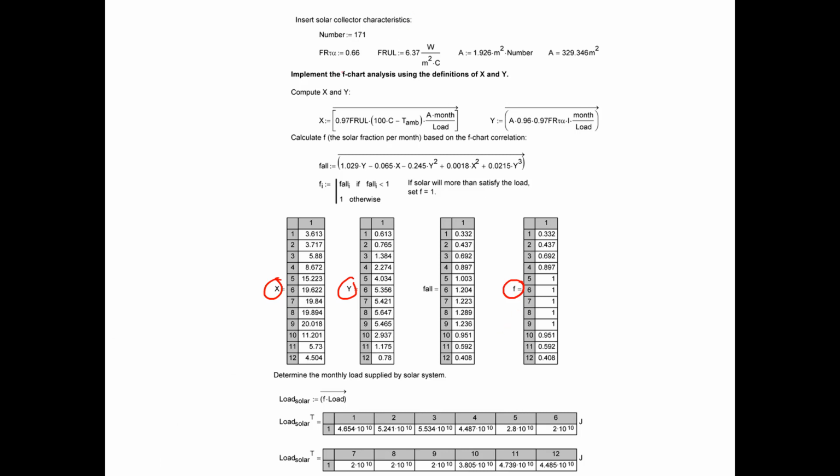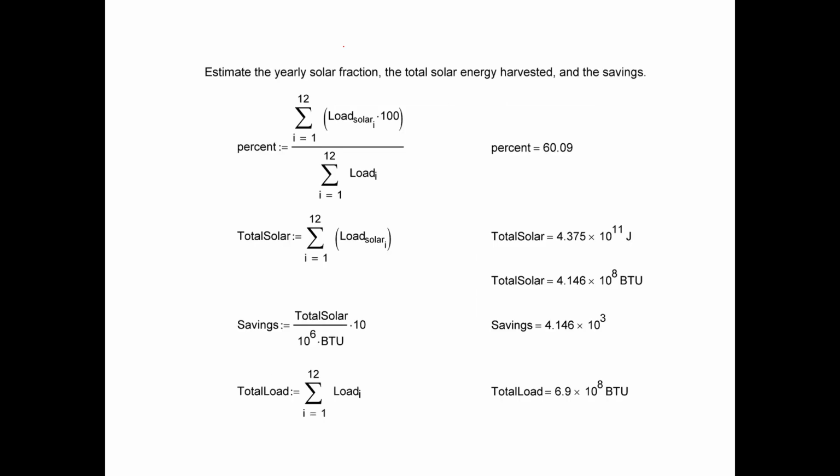And what's interesting is that as you set up your Excel spreadsheet for this, or MATLAB, whatever means you want to use, you can leave the number of solar collectors as a variable that you change until you get the numbers that you want, right? Obviously, the number of collectors has an effect on the total area. So you take the number of collectors multiplied by the area per collector, and that gives you the total area of all of the collectors added together.